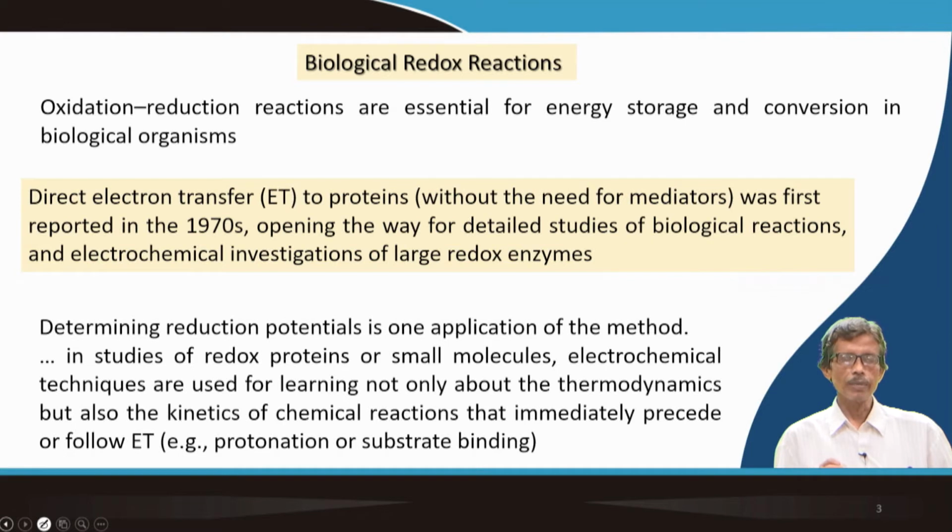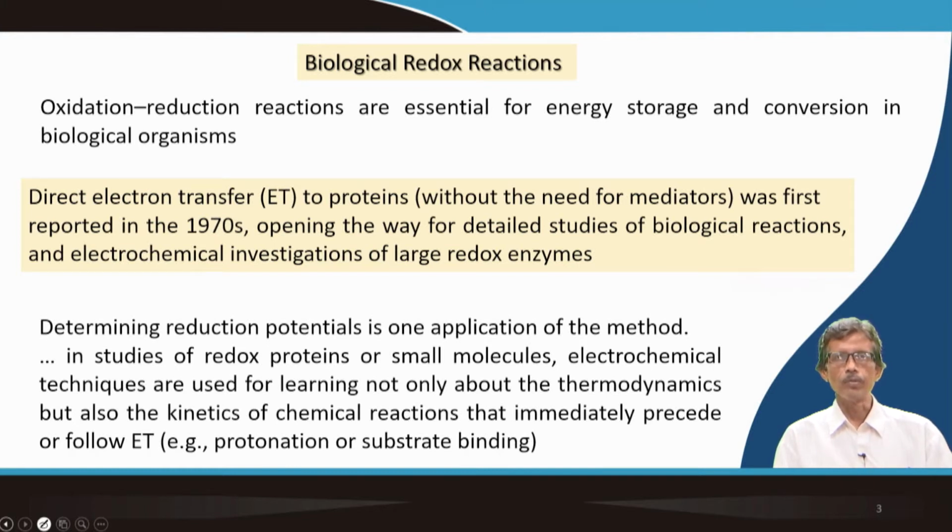So, these electrochemical techniques basically give us information about the thermodynamics of electron transfer. That means at which particular electrode potential the electron transfer can take place from one side to the other, that is, at which potential it can donate an electron or accept an electron.